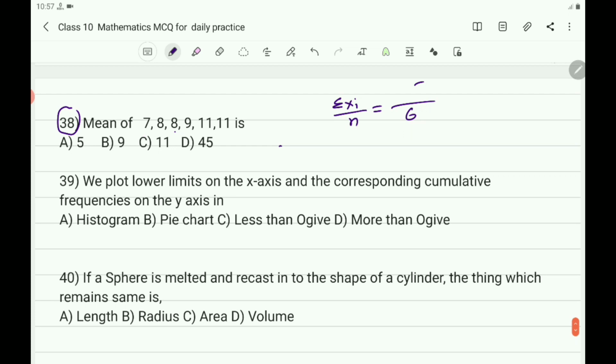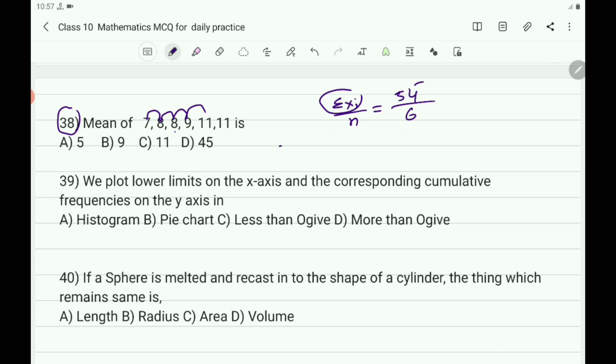And sigma xi, that is the sum of all the scores. You add all these. 7 plus 8, 15. 15 plus 8, 23. 23 plus 9, 32. 32 plus 11 is 43. 43 plus 11, 54 you will get.